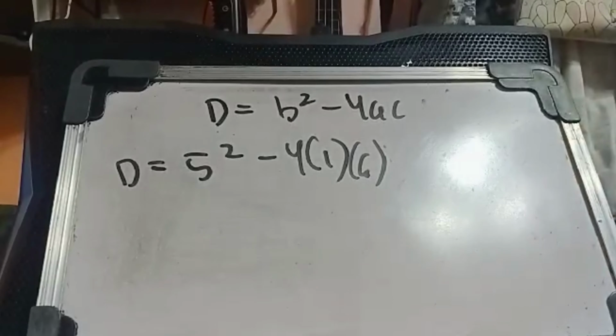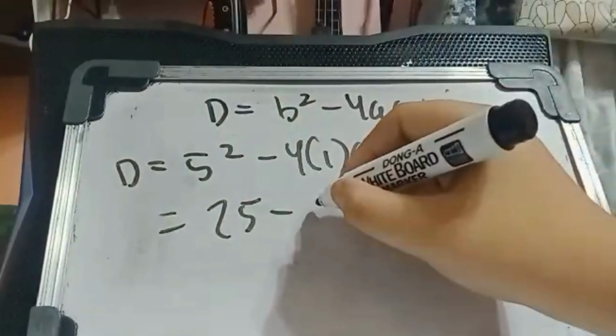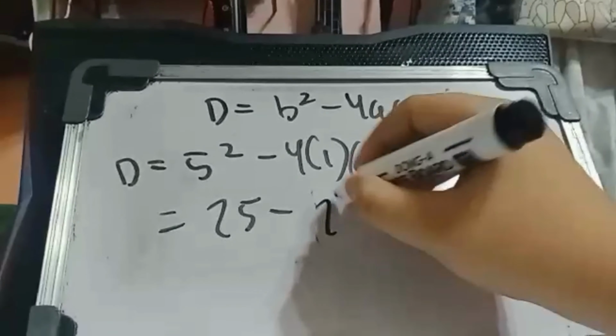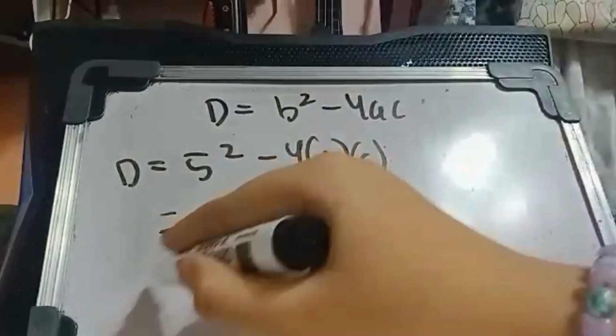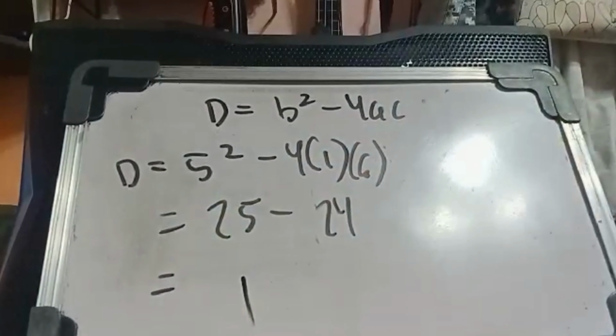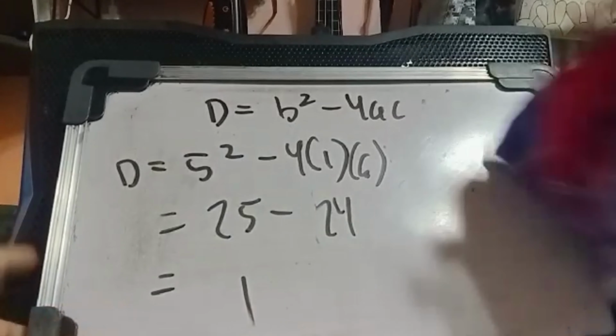So, magiging 25 minus 24. Magiging 1. So, ano kaya yung magiging description niya pag ganyan? Diba 1 yung kanyang answer? I'll take note.